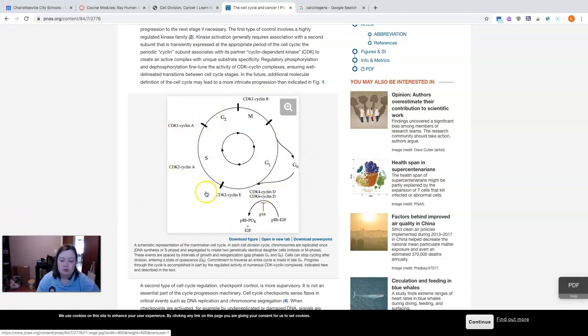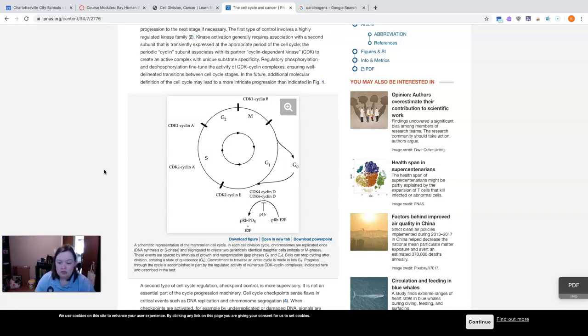There are many different checkpoints. Each of these little slats you see are checkpoints that check and make sure that the process is going correctly. And if the process was incorrect, the checkpoint should see that something's messed up, and it completely stops cell division and kills the cell because it knows some type of mutation has occurred.